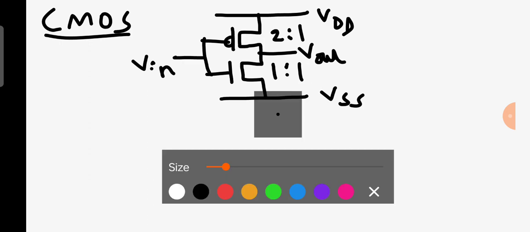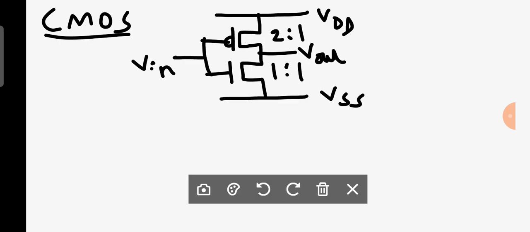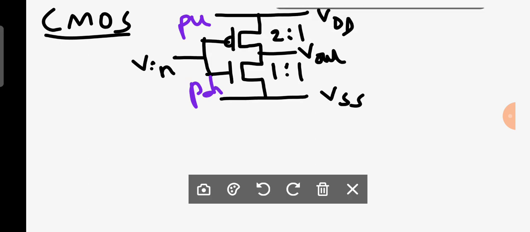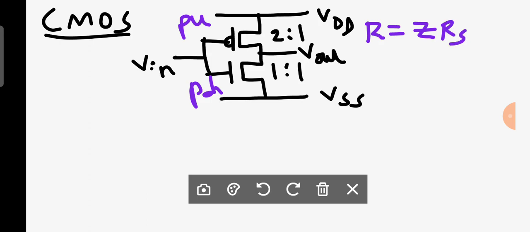First of all, what should we have to do? We have to find out the pull-up resistance and pull-down resistance. We are going to find out the resistance for the pull-up transistor, that is R equals Z into RS. Now what is the value of Z?